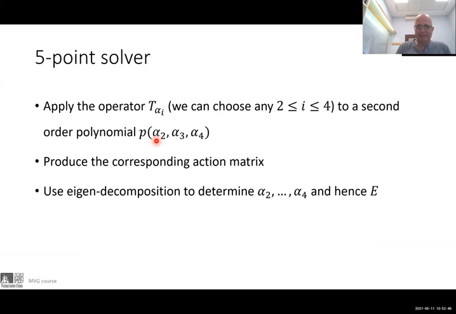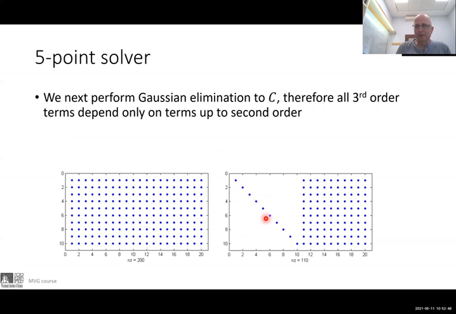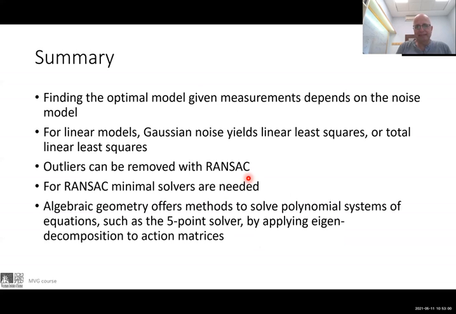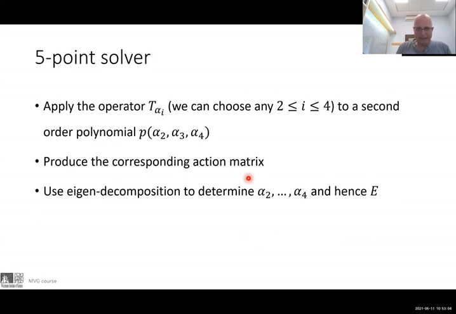We use this matrix to replace the cubic term with quadratic polynomials, and that gives us the action matrix. Next, we simply find the eigenvectors and eigenvalues of this action matrix, and that gives us the solutions to the polynomial set.